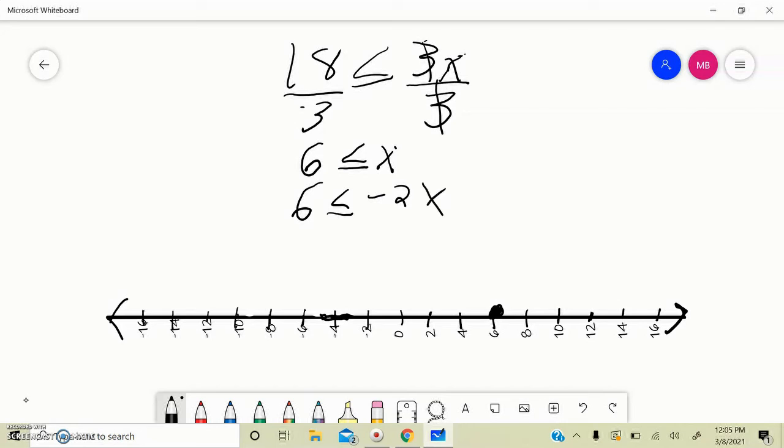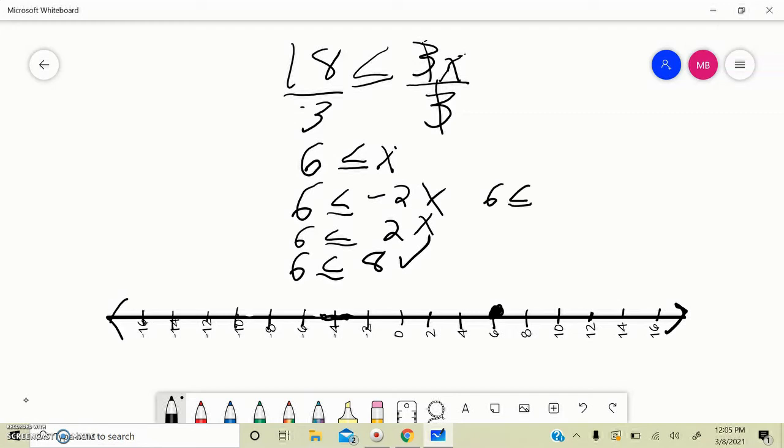No. Well, 6 is less than or equal to 2, positive 2. It's got to work. That one doesn't work either. How about 6 is less than or equal to 8? Yeah, that one works.